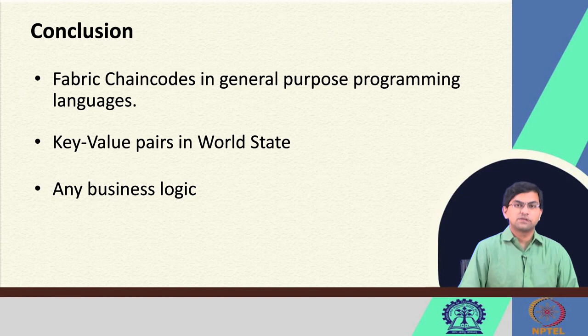If you want to store some XML data, you can just convert that XML data and serialize it into a string and write that into the ledger. If you want to store some JSON data, you can also do that by serializing it into a string and writing that back to the ledger as a string. As a result, by storing key value pairs in the world state in the blockchain, we can implement any kind of business logic.